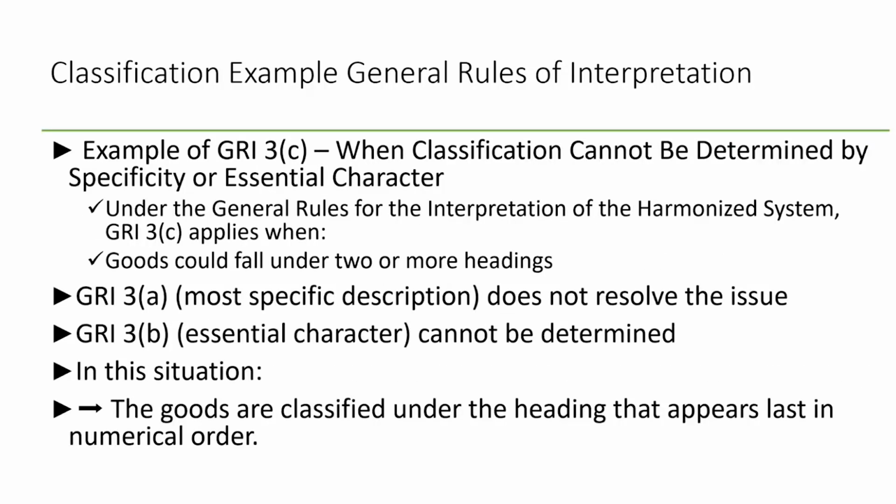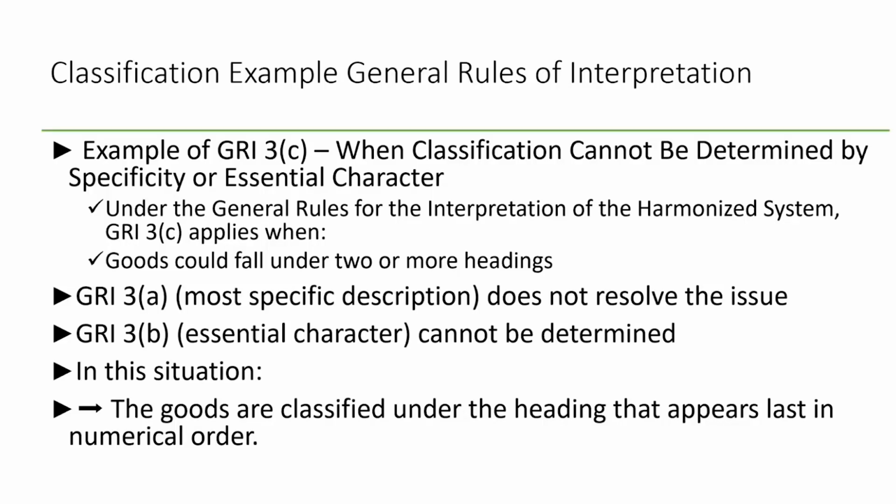So GR3C. When classification cannot be determined by specificity or essential character under the General Rules for Interpretation of the Harmonized System, GR3C applies when goods could fall under two or more headings.